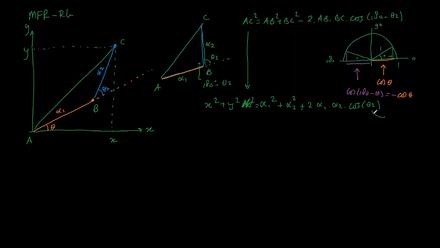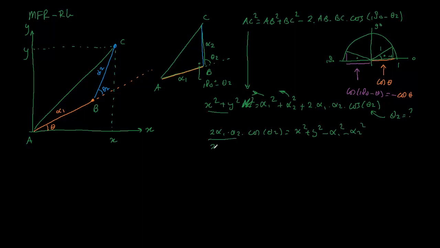Now we're actually interested in this angle theta 2 because we want to know how big it is. So what we do is bring all this stuff to the other side, and we have 2 alpha 1 alpha 2 cosine theta 2 equals x squared plus y squared minus alpha 1 squared minus alpha 2 squared.